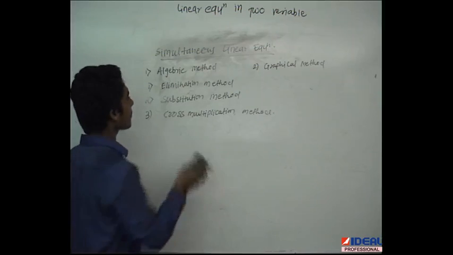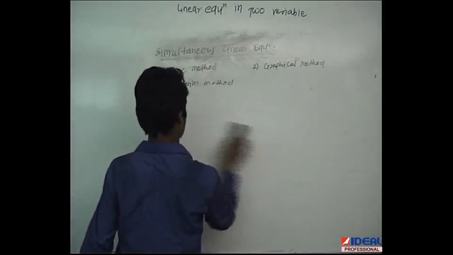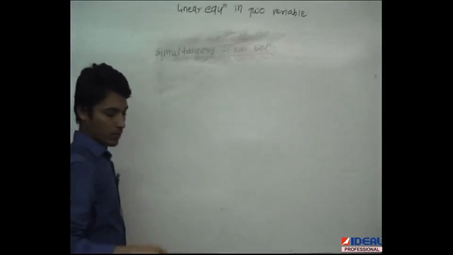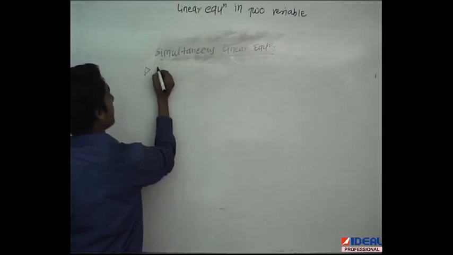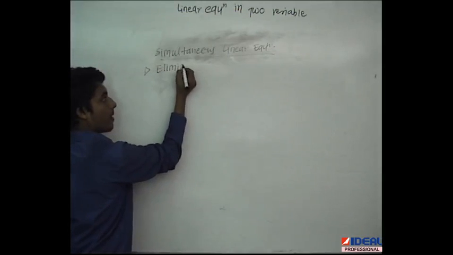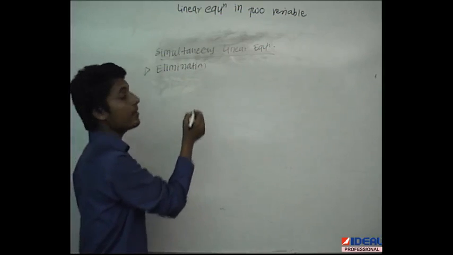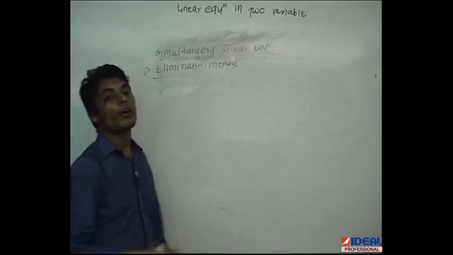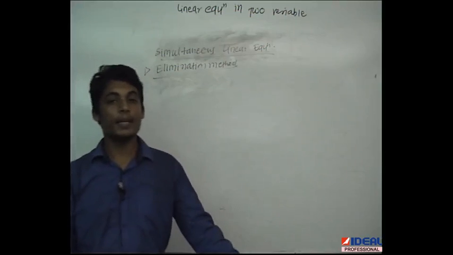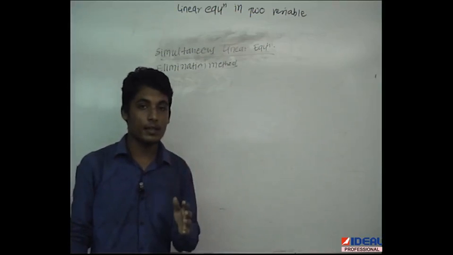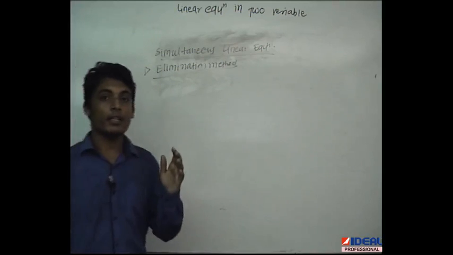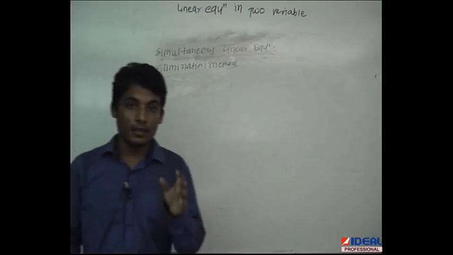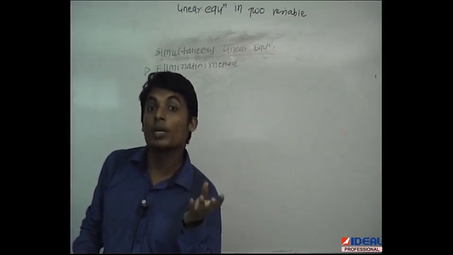Okay. First, the elimination method. So in this method, first we equalize the coefficient of one variable in both equations by multiplying the equation with a suitable constant.